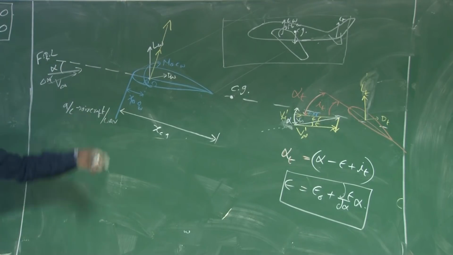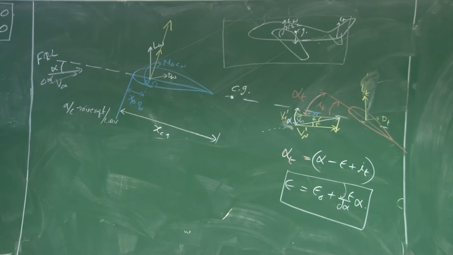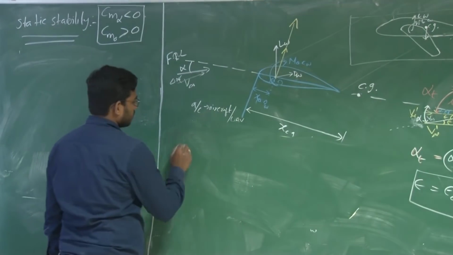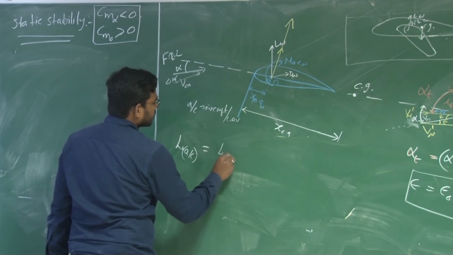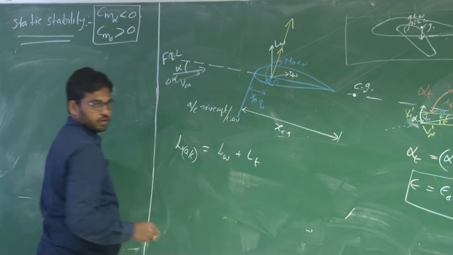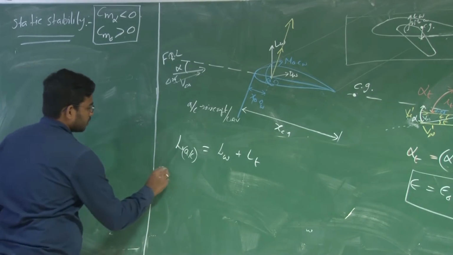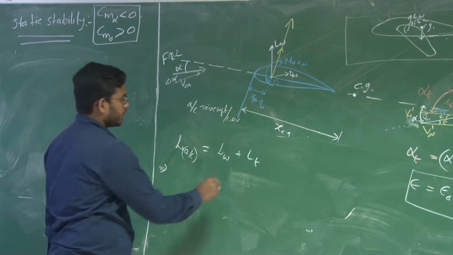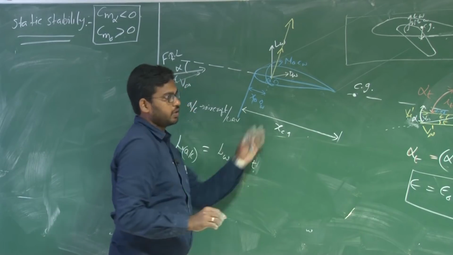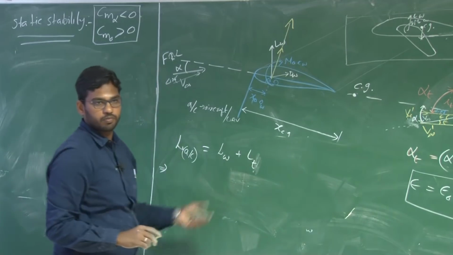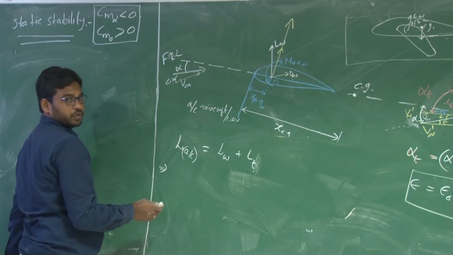Now let us look at the moment equation about CG. Or say what is the total lift of this aircraft? Lift of the aircraft is equal to lift of wing plus lift of tail, right? Simple, right? There are two upward forces acting here. There is a lift from the wing and the lift from the tail, the summation of both, or principle of superposition here.